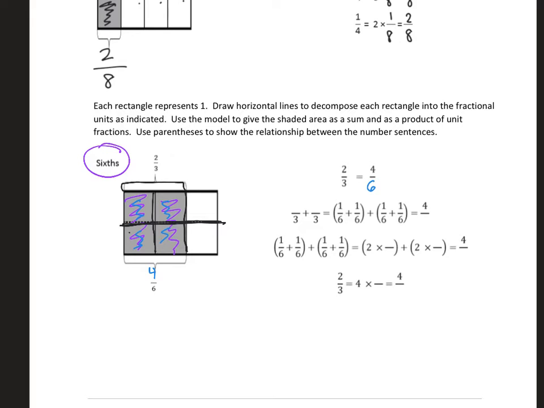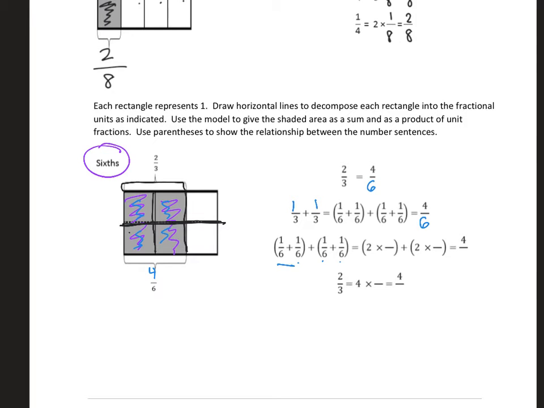So now it just gave you some different numerators to fill in. So blank third plus blank third. If we have 2/3, I know that that's 1/3 plus 1/3, which is equal to 4/6. So 1/6 plus 1/6 plus 1/6 plus 1/6 equals 4/6. Then it says 1/6 plus 1/6 plus 1/6 plus 1/6 is equal to 2 copies.